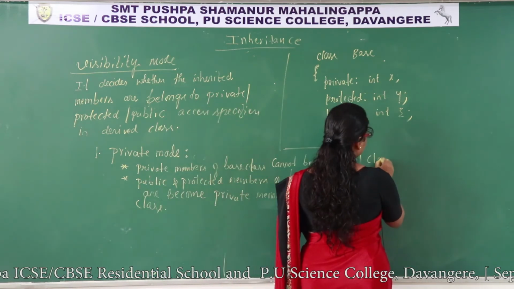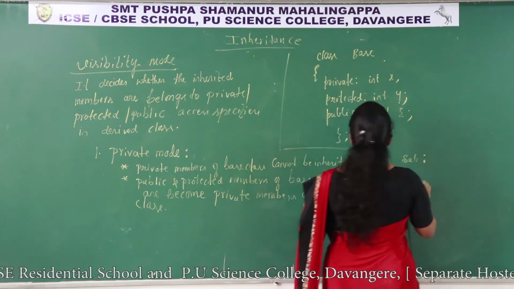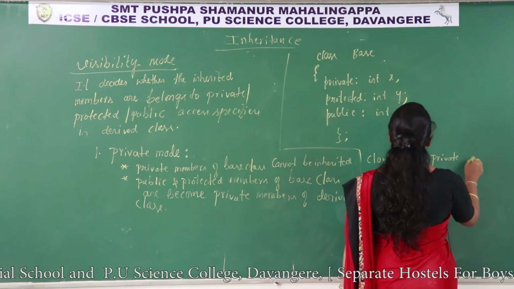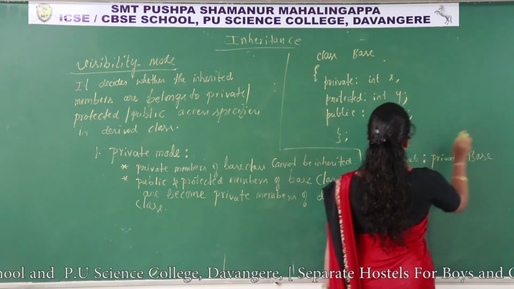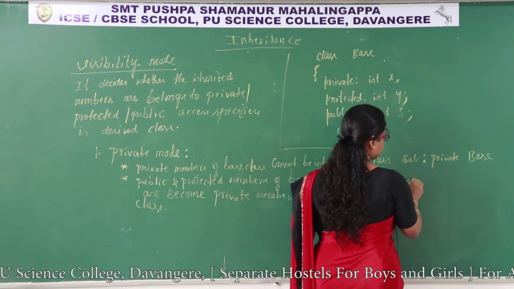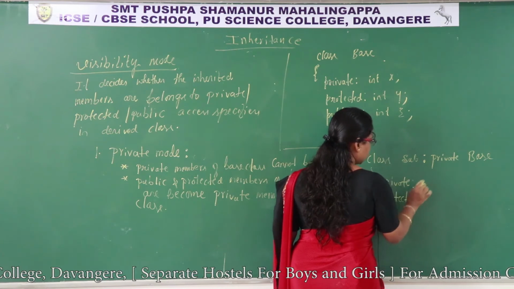I'll take another class, derived class sub. Now I'll take private mode. Base class name is base. Here private, protected and public.